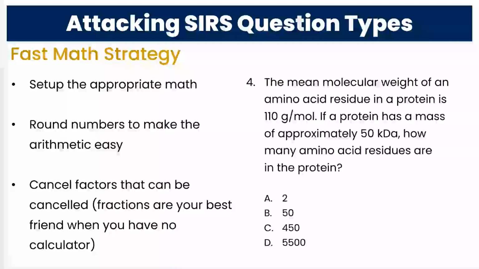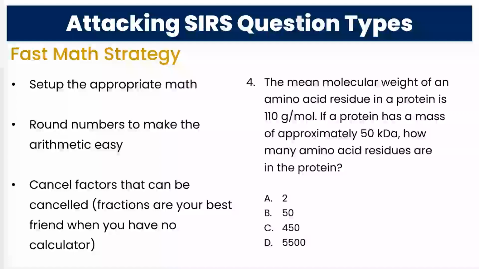Cancel before I do what? Cancel before I multiply. Why? Well, multiply makes numbers bigger and harder to work with. Division makes numbers smaller and easier to work with. So cancel before you multiply. And don't be afraid of fractions. Fast math is all about fractions.